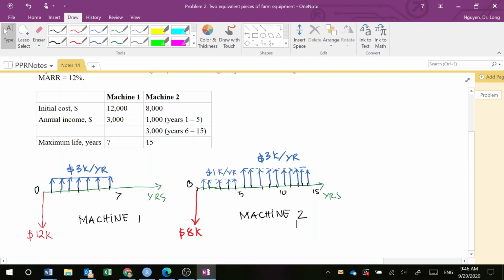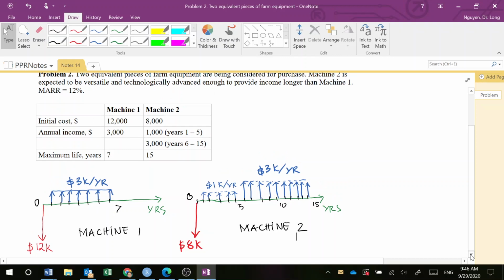And now we want to know which machine gets the shorter payback period.